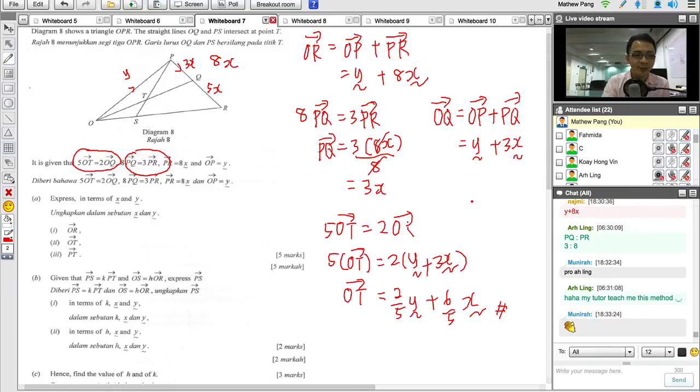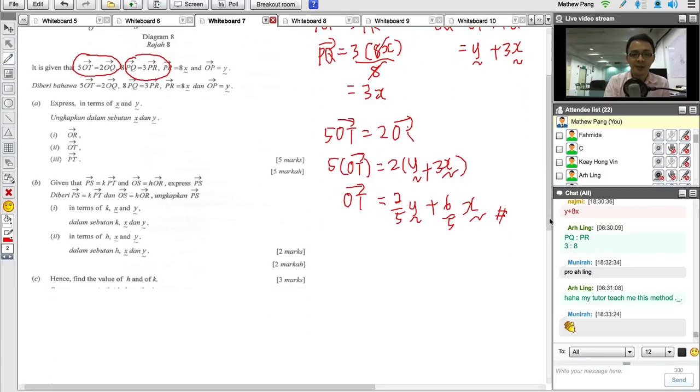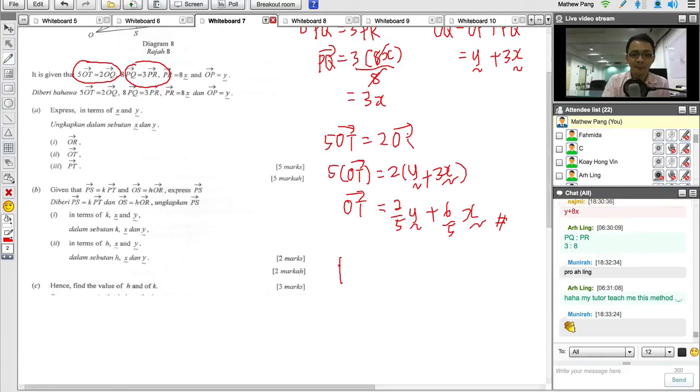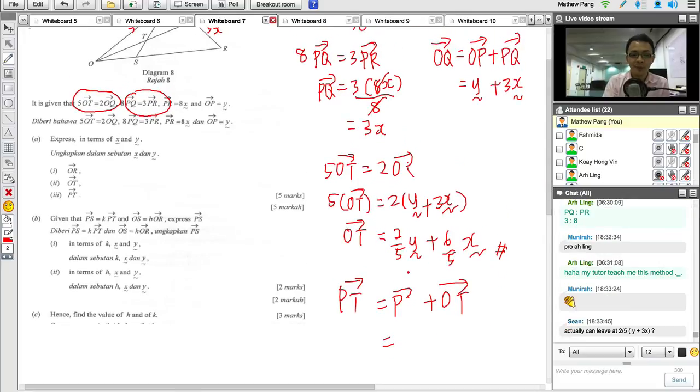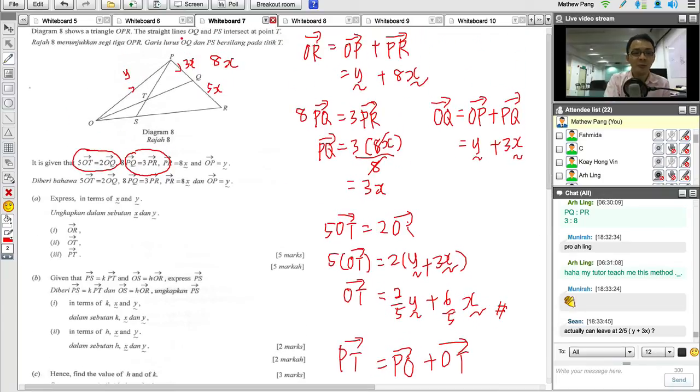Alright. Then for the next one, they want PT. You got the OT already, so you can get PT easily. PT will equal PO plus OT. For the PO, OP is Y, right?